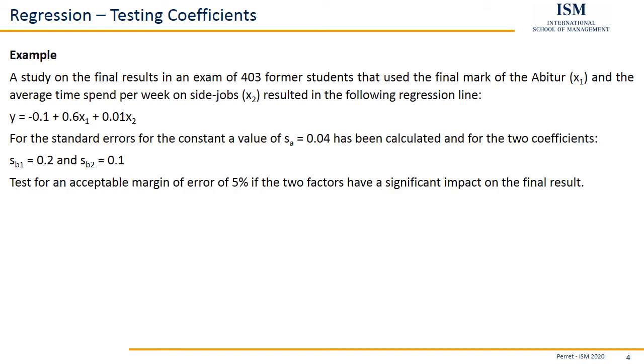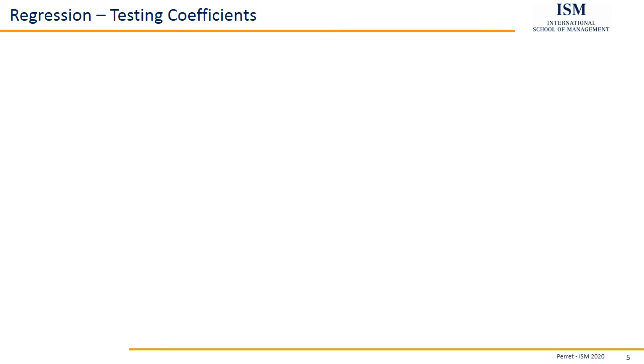Our task, test for an acceptable margin of error of 5% if the two factors have a significant impact on the final result. Well, we do this because we have this for the constant as well. So what we're going to do is we get test statistics. Here we have 3 different coefficients, 3 different values, so we need to conduct 3 different tests.